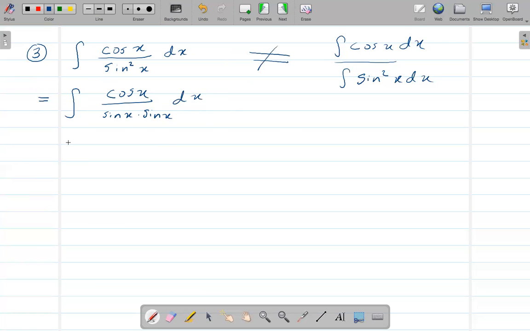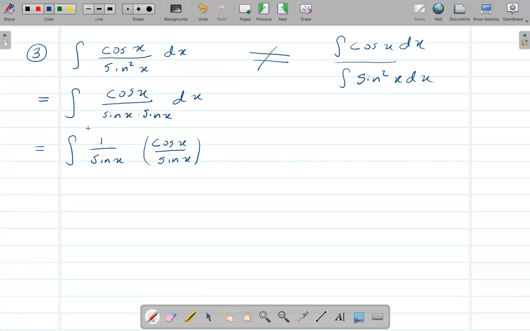It's the same thing. Okay, now after this, what I can do is I can just say 1 over sine x times cosine x over sine x, right?